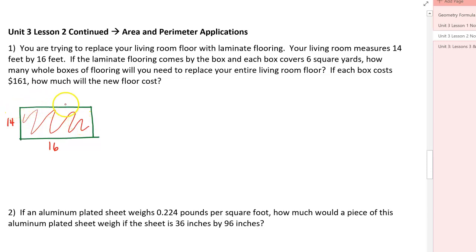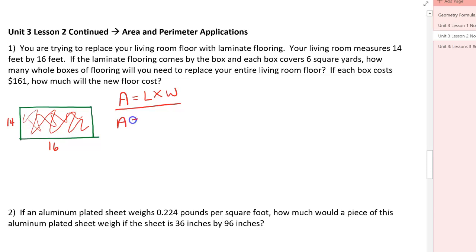If we were going around the outside edges, maybe we were putting down molding around the baseboard, that would be a perimeter problem. But since we're covering the whole floor, that is area. So we know that the formula for the area of a rectangle is length times width. So let's start with that.